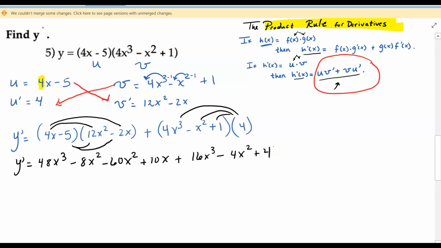Then we look and see if there are any like terms that we can combine, and I believe there are. Looks like we've got a 48x cubed and a 16x cubed that we can add. No more x cubes there.